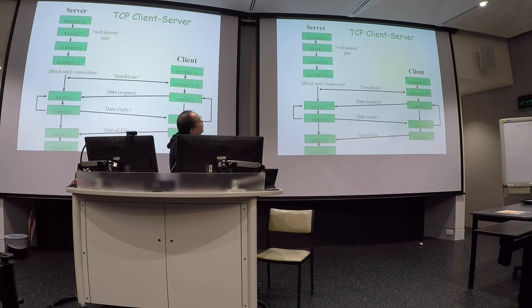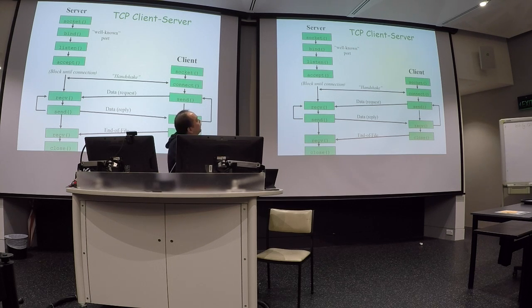The first function that you need to use both at the server side as well as the client side is the socket function. Using this socket function, we can create a new socket instance inside the operating system kernel. So this socket data structure is maintained by the operating system, not by you. Right? Instead, the operating system kernel will give you a descriptor, and you can use that descriptor to refer to the socket.